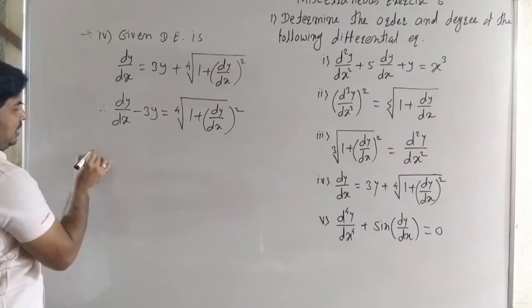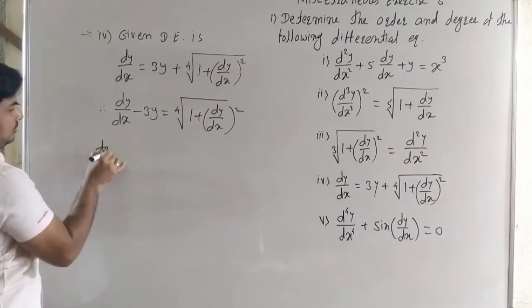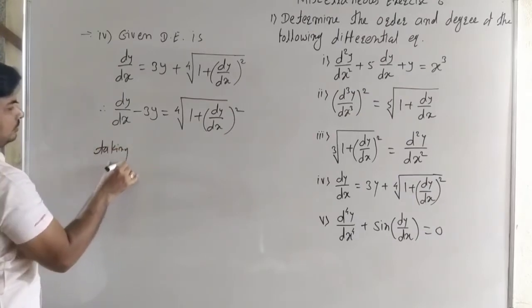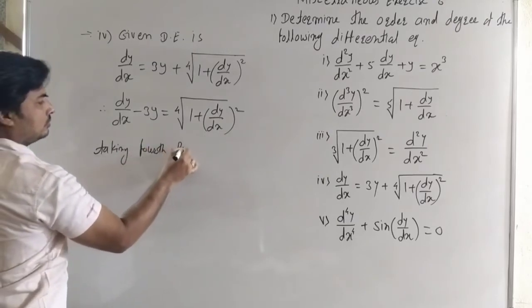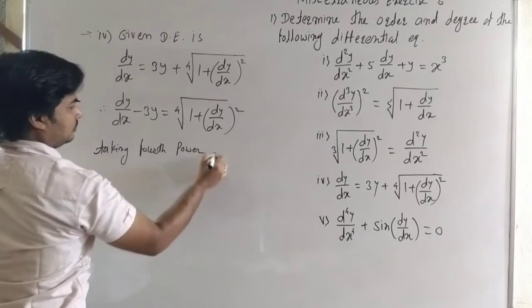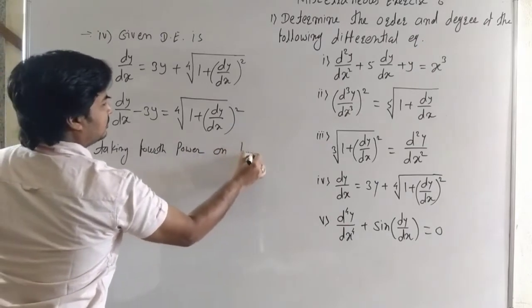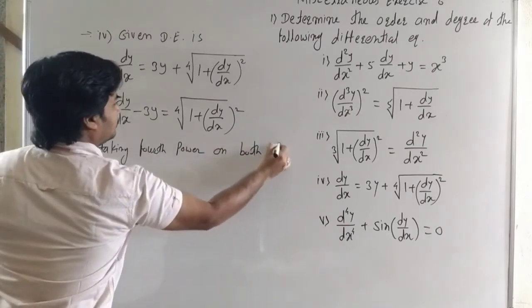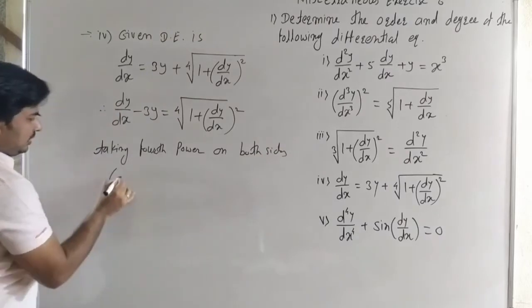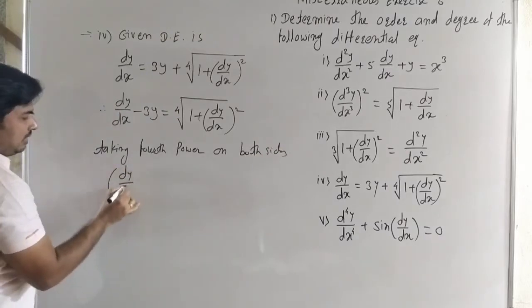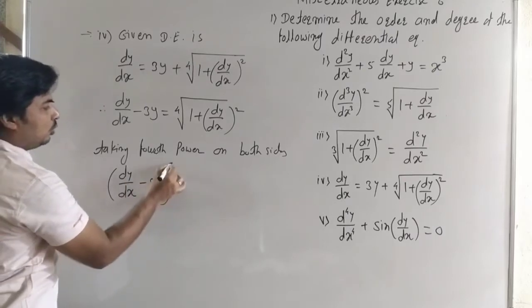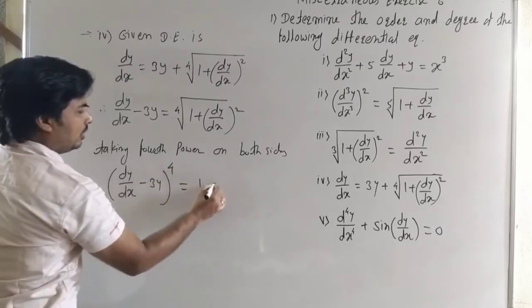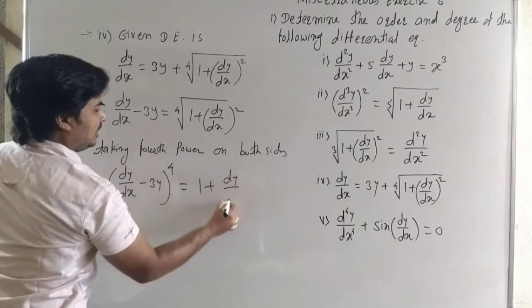And now taking the fourth power on both sides, we get (dy by dx minus 3y) to the power 4 is equal to (1 plus dy by dx) square.